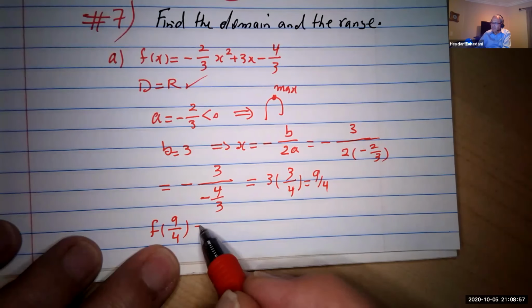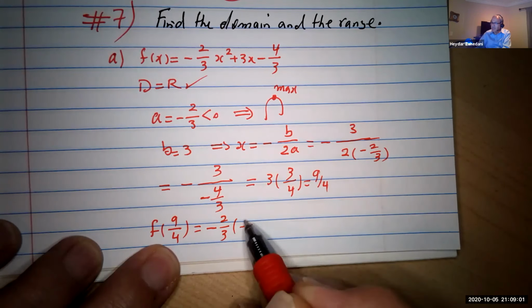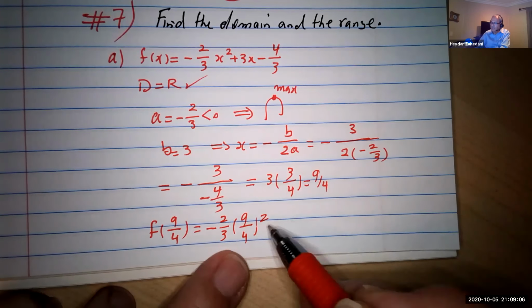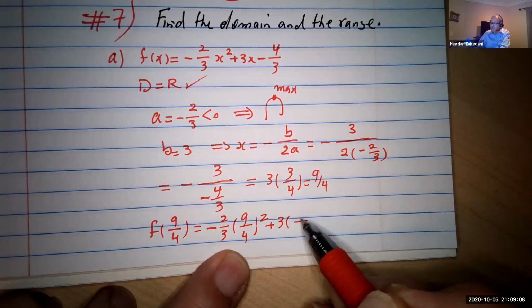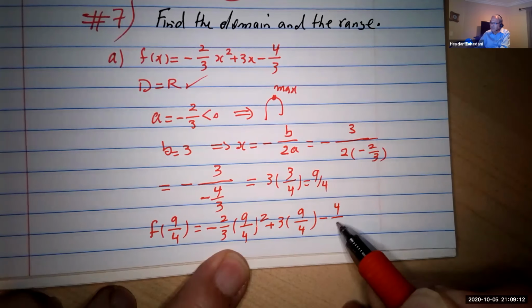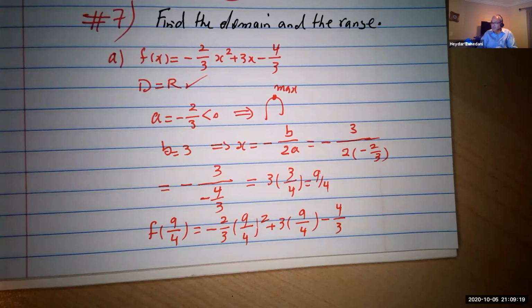Okay, f of 9/4 is going to be -2/3 times 9/4 squared, plus 3x, 3 times 9/4, and then minus 4/3. Okay, you should simplify it a little bit.